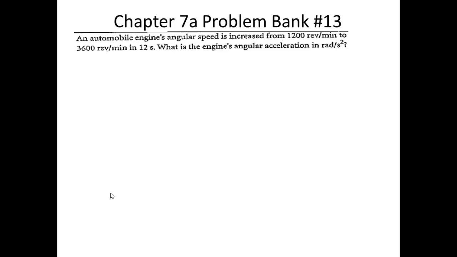So we are given some things that are not in the units that we're accustomed to seeing, so we'll have to change that. We'll start with our omega initial is equal to 1,200 revolutions per minute.